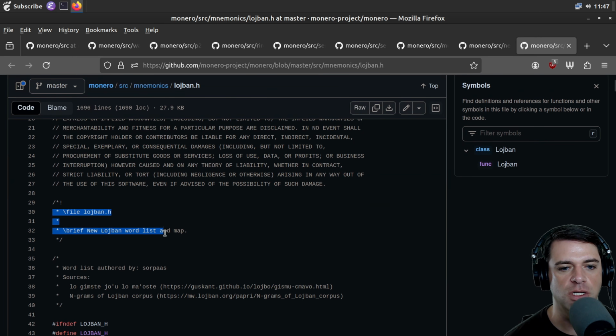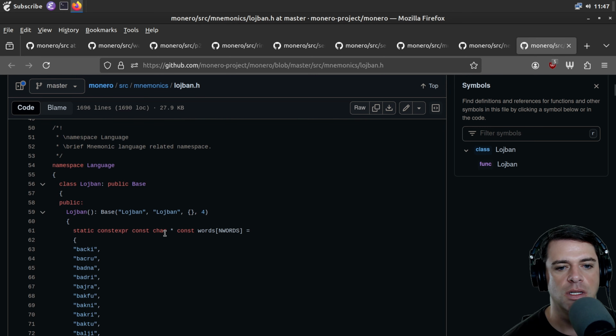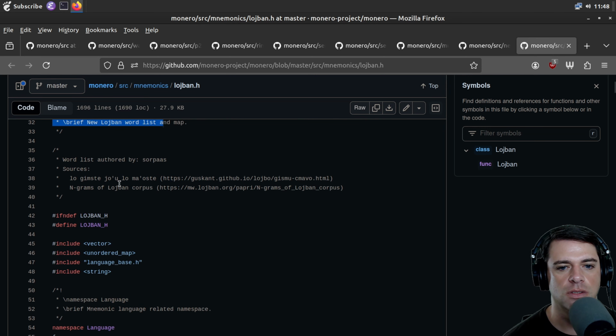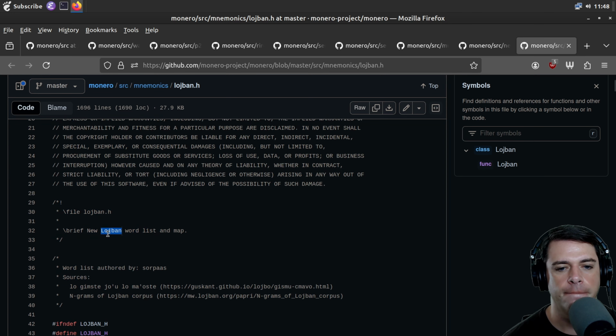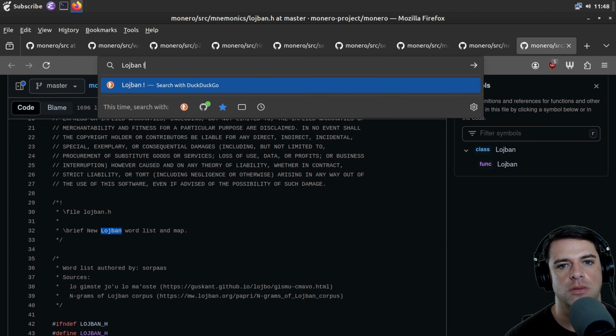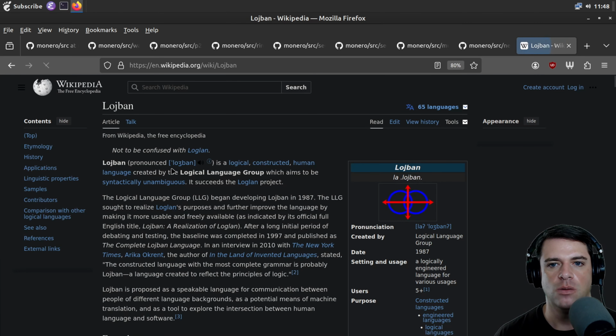New Lojban word list. Huh. What language is this? I mean, maybe that's the name of the language, but where is it spoken?